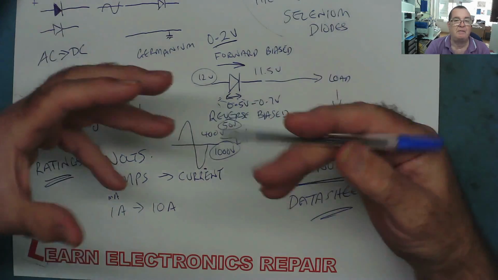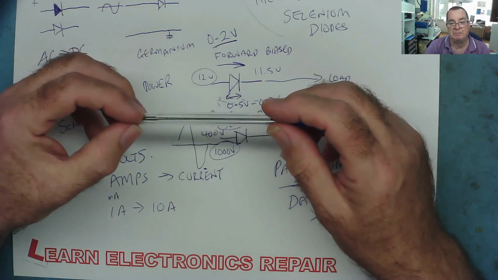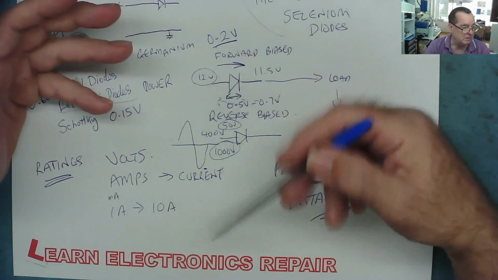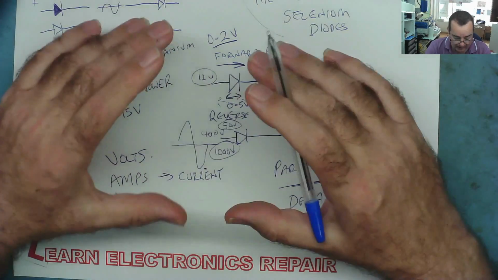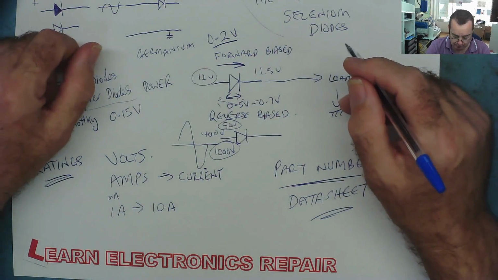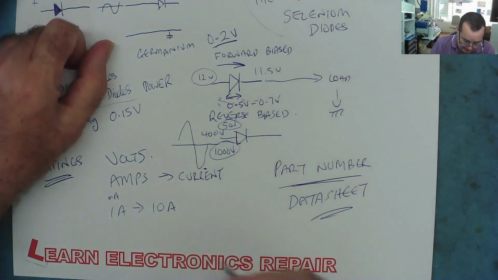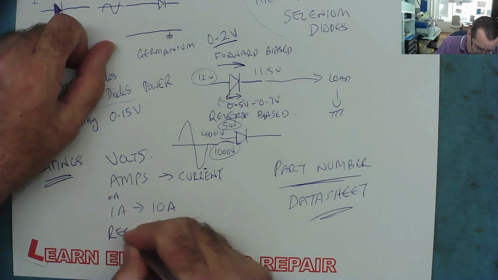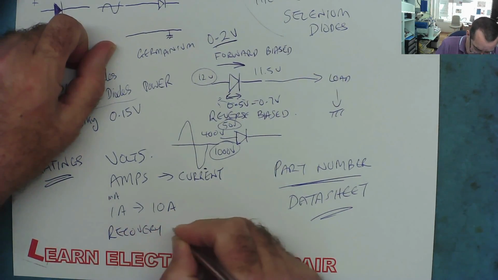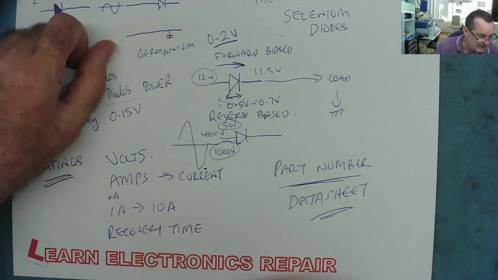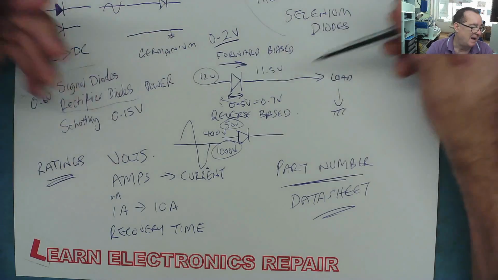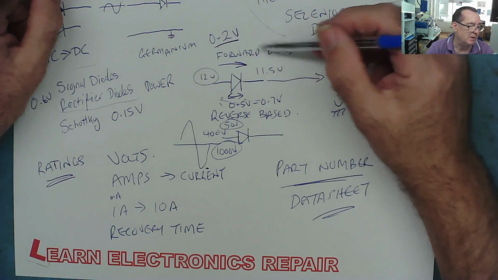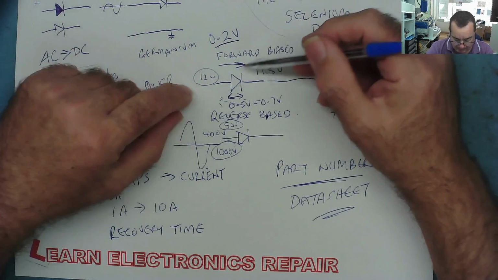You could have, for instance, in a switch mode power supply, very high frequency AC, 50 kilohertz, 100 kilohertz or more, into the hundreds of kilohertz. And then another factor comes into play, and this is called recovery time. The recovery time of the diode is basically how fast this diode can switch on and off.